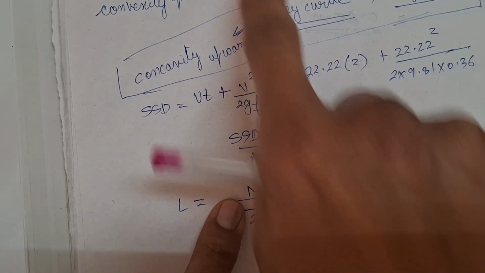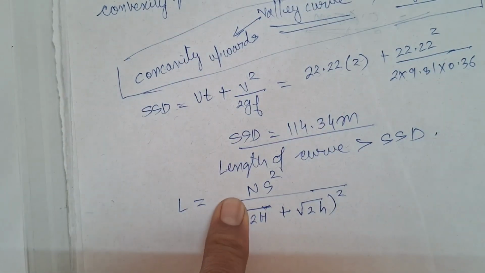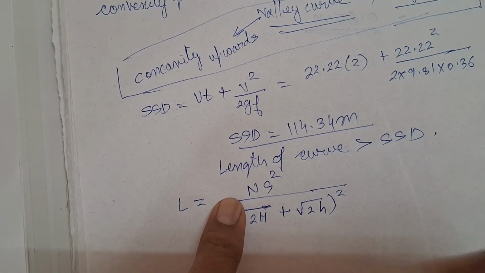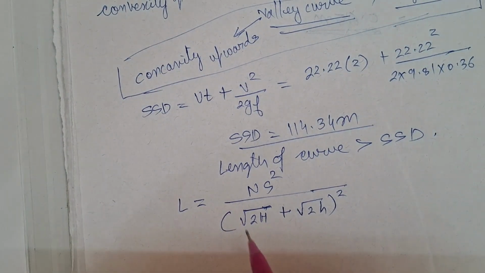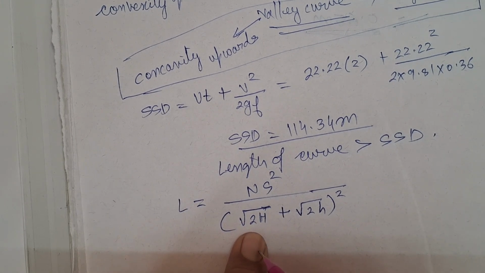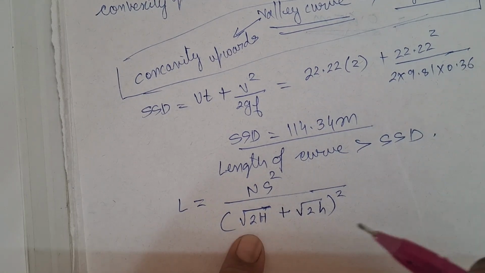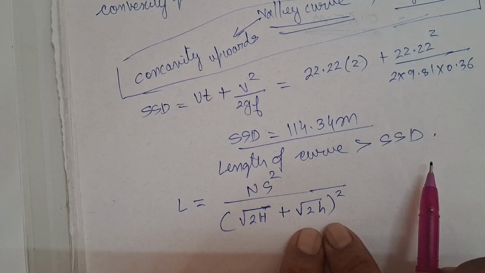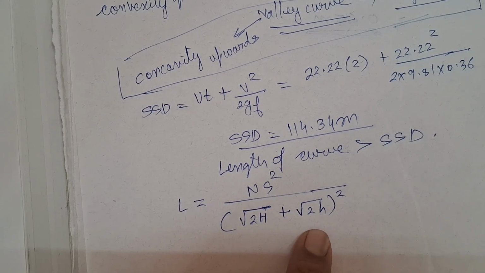N is the deviation angle, equal to the algebraic difference between the gradients. S is the stopping sight distance. Capital H is the height of eye level of the driver above the roadway surface, in meter. And small h is the height of the object above the pavement surface.